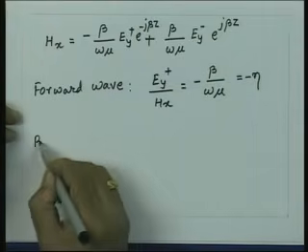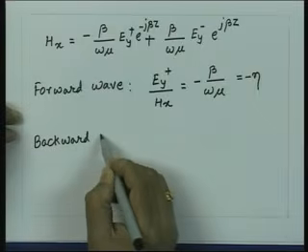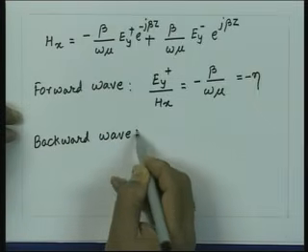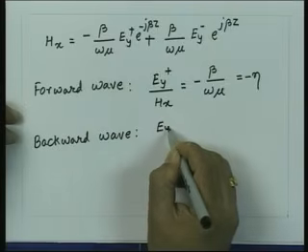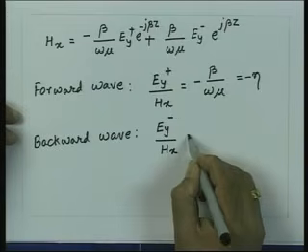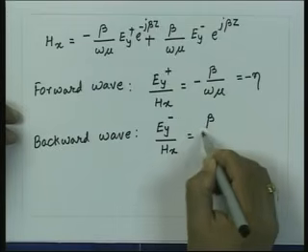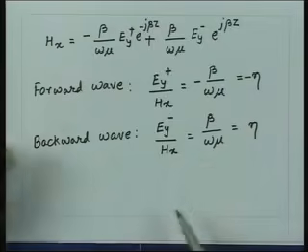And for the backward wave, I have Ey minus upon Hx, that will be beta upon omega mu, which is equal to eta.